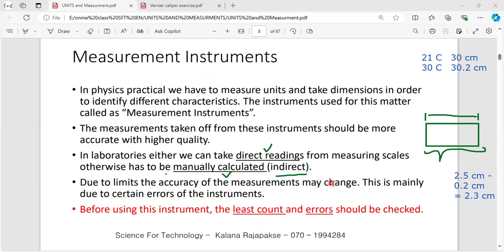And check whether there are any errors. Even though we do not concern ourselves about those errors when using meter rulers, when it comes to industries, we need precision readings. Otherwise, the manufactured parts might not coincide and might not be fixed. That is one important thing to remember.